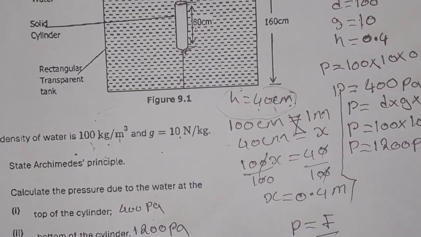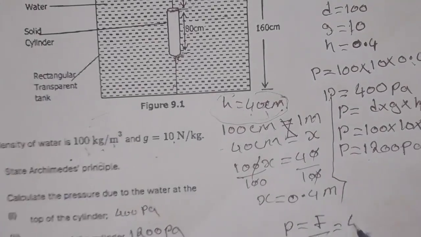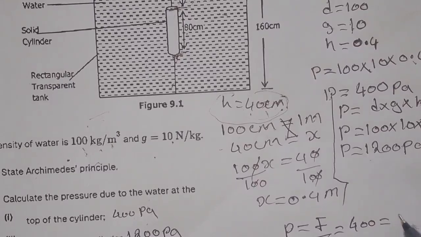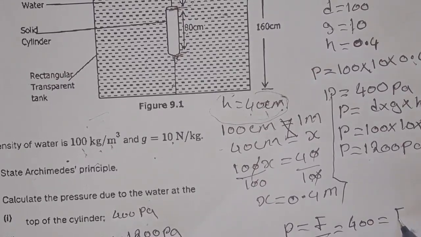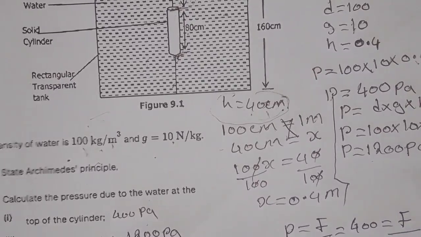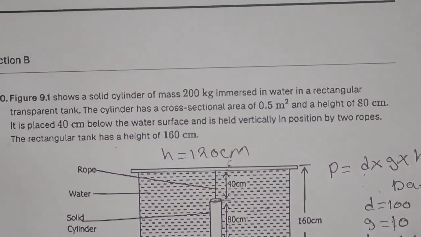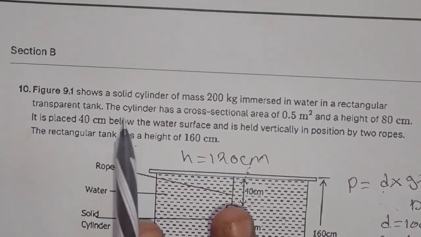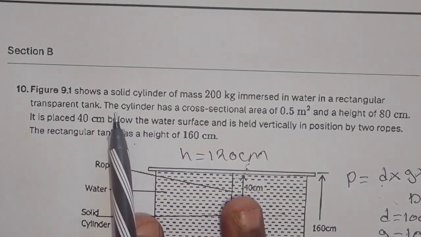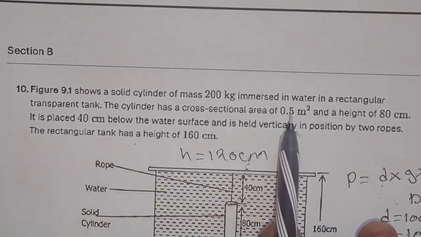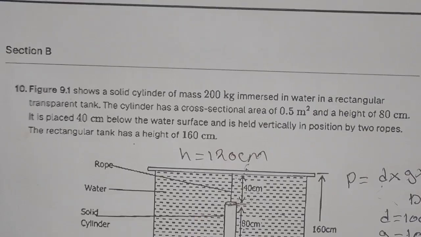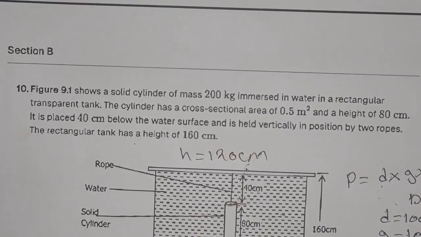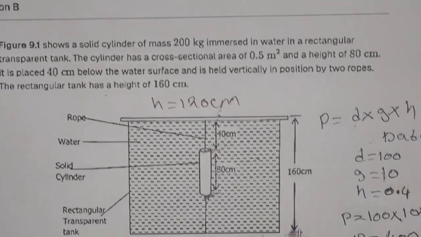So we're going to put 400 where there's P. 400 is equal to force. We don't know the force, that's what we are finding, over our area. We have been given the area here, if you remember well, where it says the cylinder has a cross-section area of 0.5. So this is the area of the cylinder.